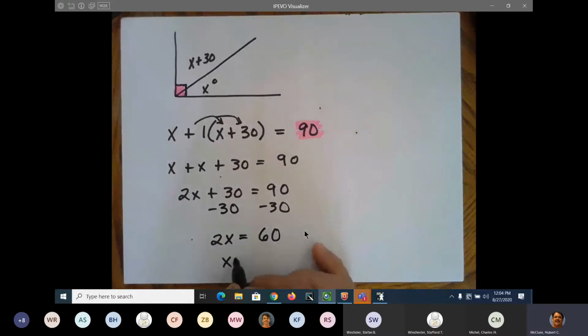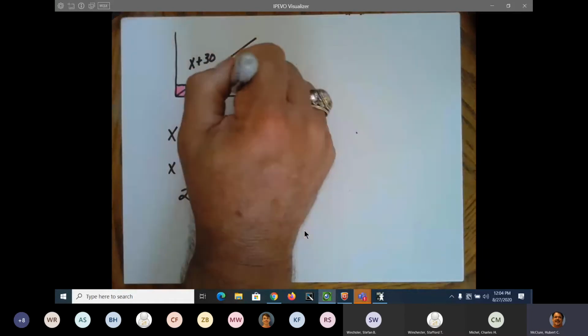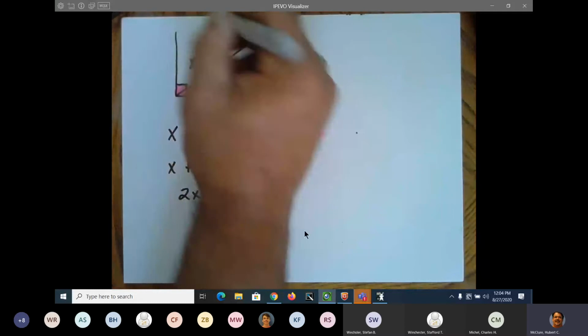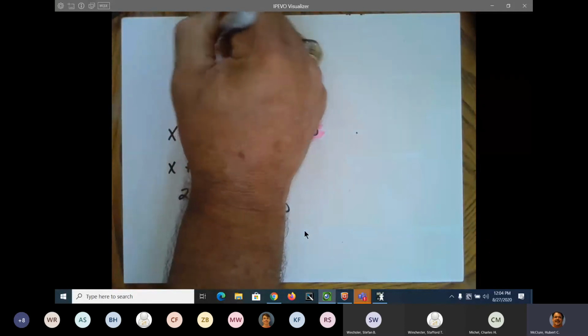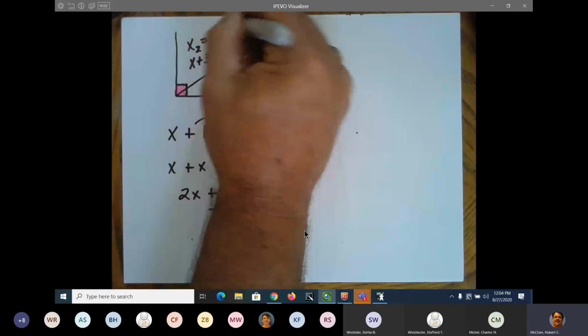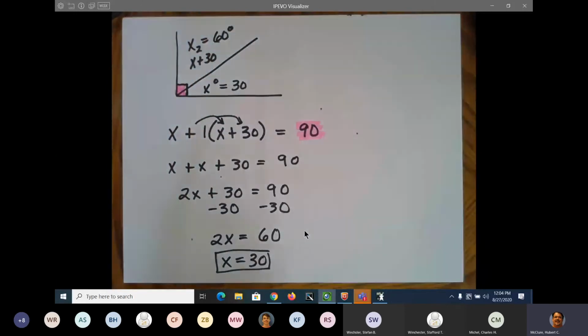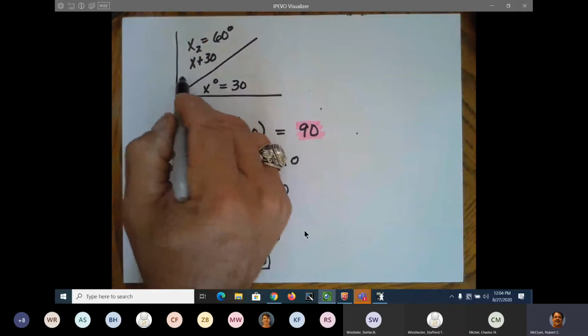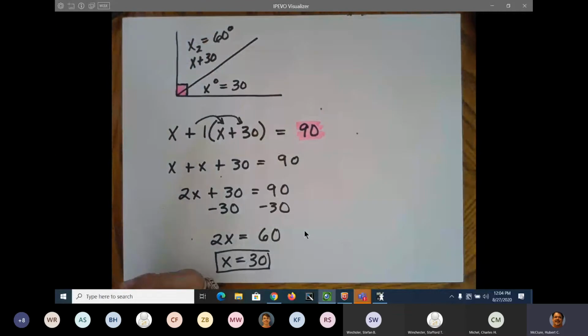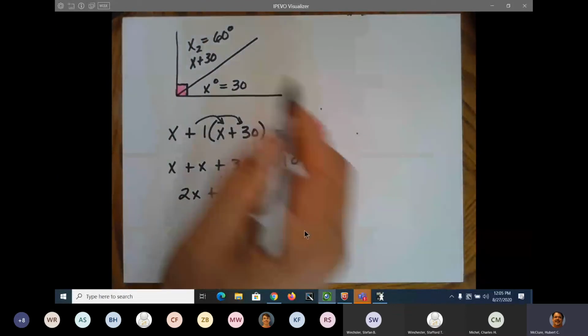X is equal to 30. So therefore, this angle is equal to 30 degrees, and this angle, X sub 2, is equal to 60 degrees. Or you could have said, okay, well, that's 30 and this is 90, then this has to be 60. You could use subtraction or you can use back substitution.